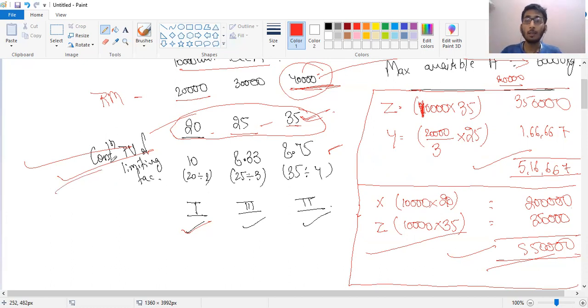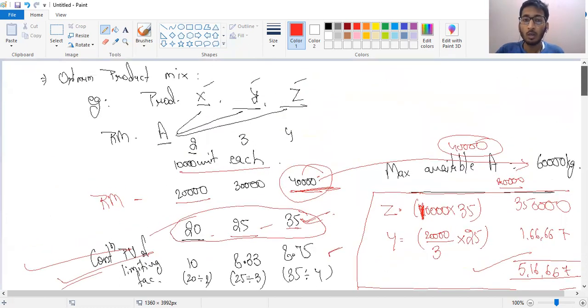That's why we are calculating contribution per unit of that limiting factor. So this was the optimum product mix decision. In optimum product mix, you are given that something is in limitation, so how would you make different products by using that particular thing? This is the first thing.